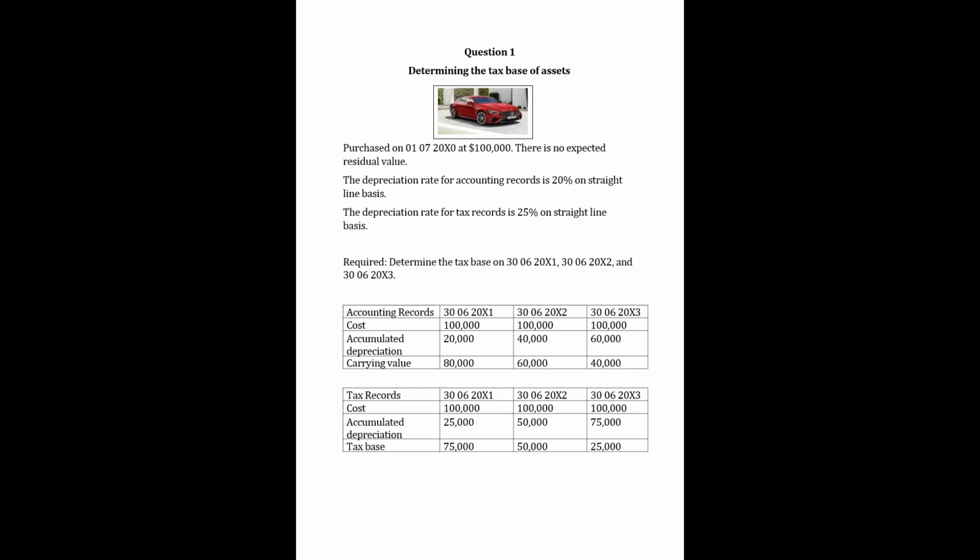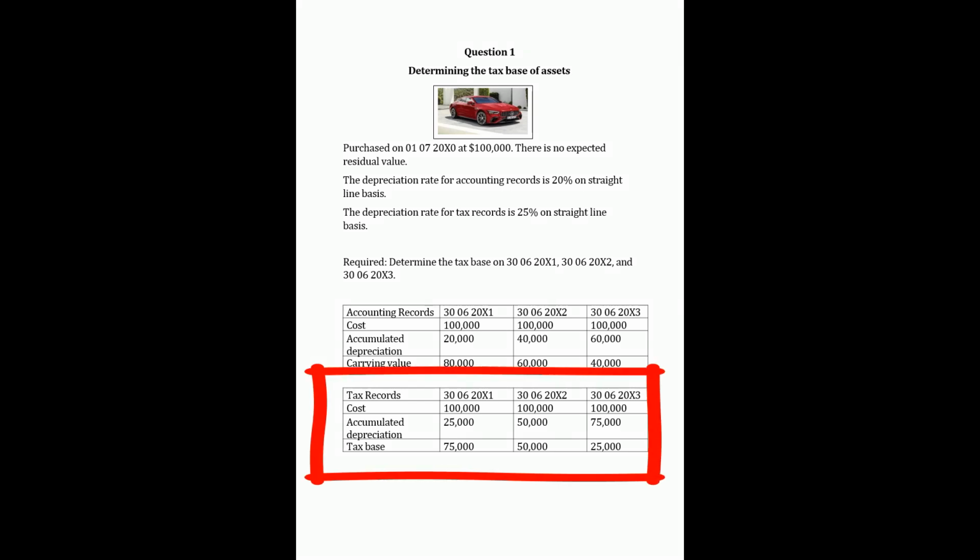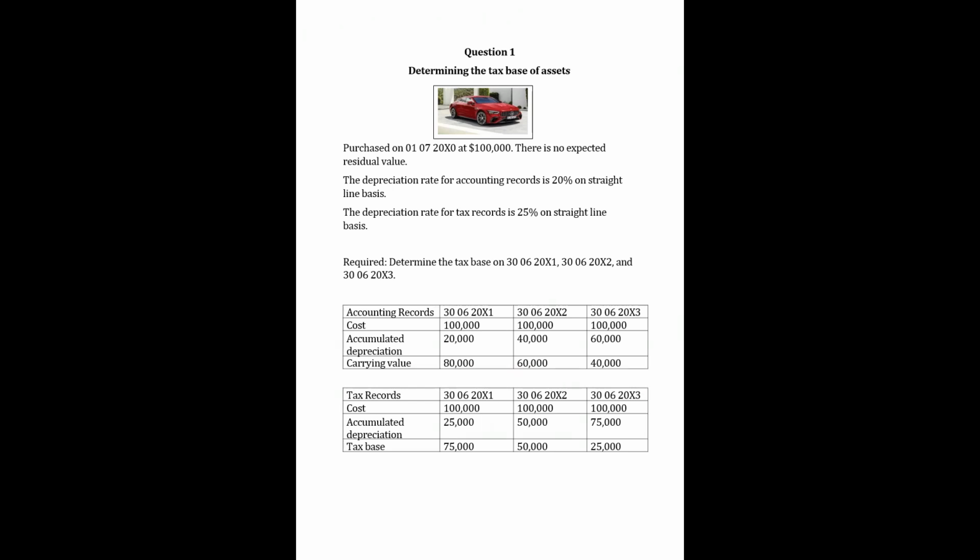The cost is just like in accounting records, but the accumulated depreciation is different because the tax depreciation rate is 25% on a straight line basis. On 20X1 it is 25,000, and in X2 it is 50,000, and X3 it is 75,000.